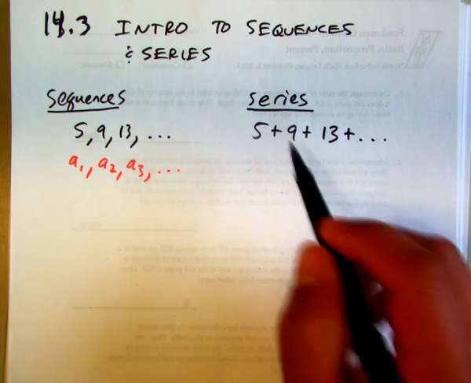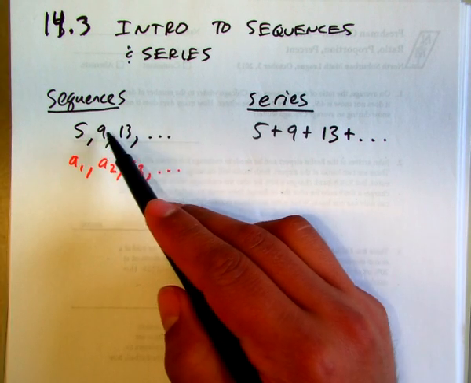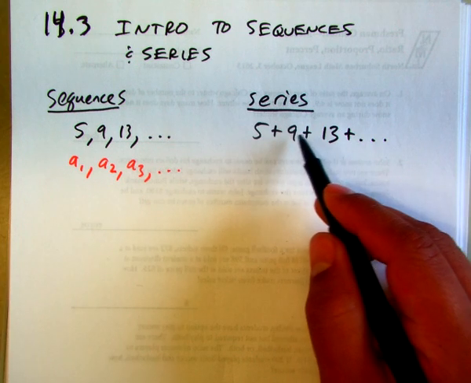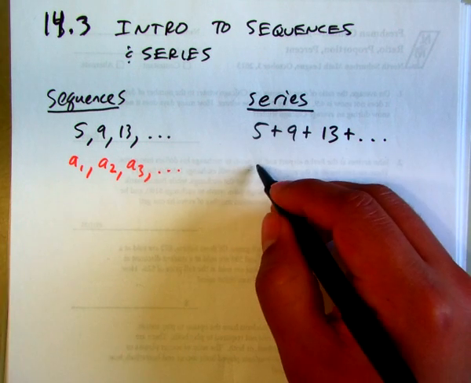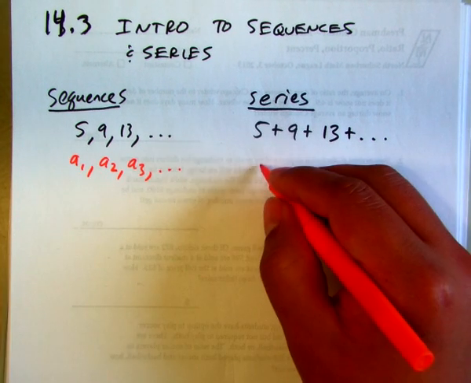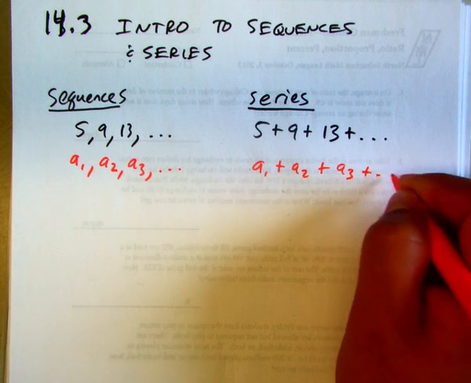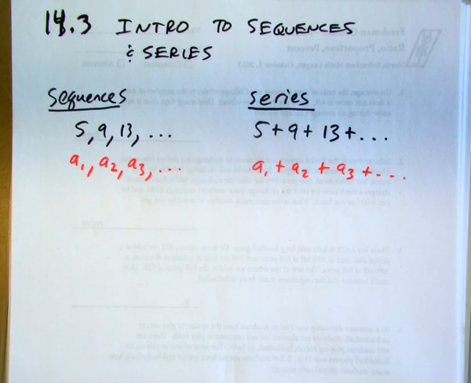So this is the difference. A sequence is just a list of numbers. A series would be adding all these numbers up. And with the symbols, the notation would just be a1 plus a2 plus a3. Okay, so that's the difference between a sequence and a series.